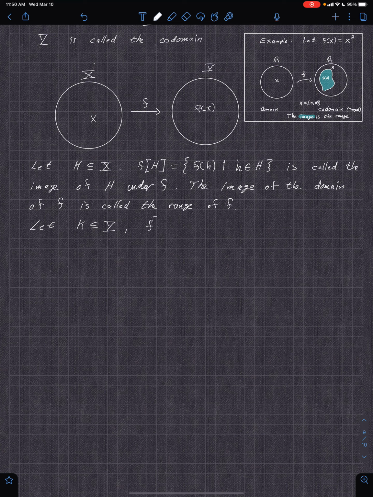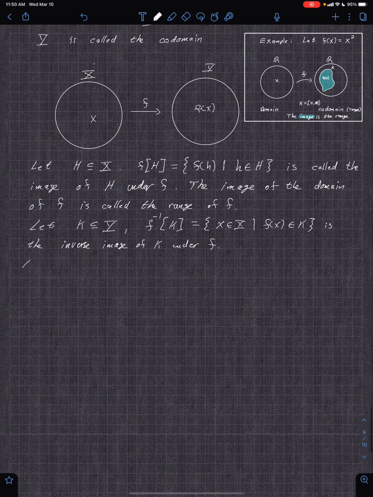Then F inverse of K is equal to the set of x in X such that f of x is in K. So it's all the values that end up hitting it. So that's the inverse image of K under F. It's like what would map back.